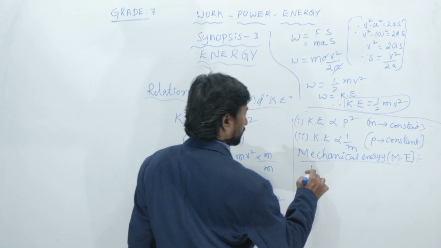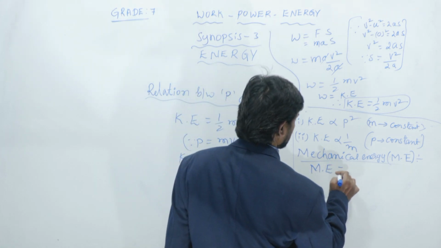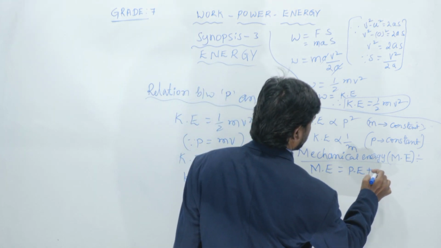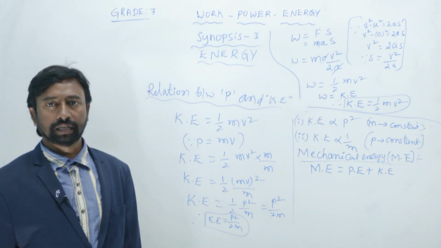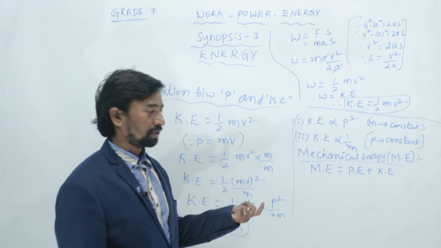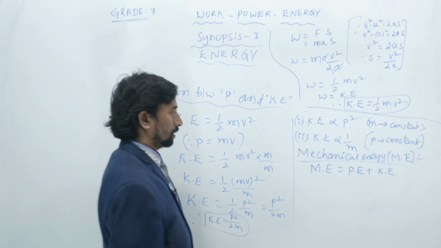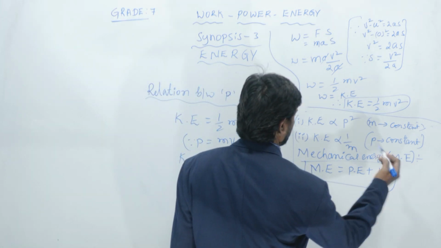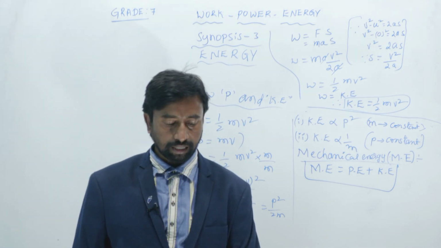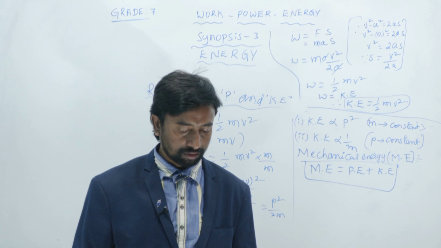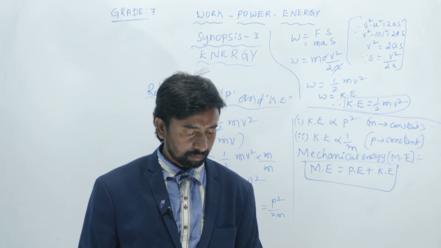So ME is equal to potential energy plus kinetic energy. The sum of the potential energy and the kinetic energy of the body is said to be the mechanical energy or total energy. All the energies have the same SI unit and dimension formula. Now we'll see the concept based questions and then do the exercise problems.